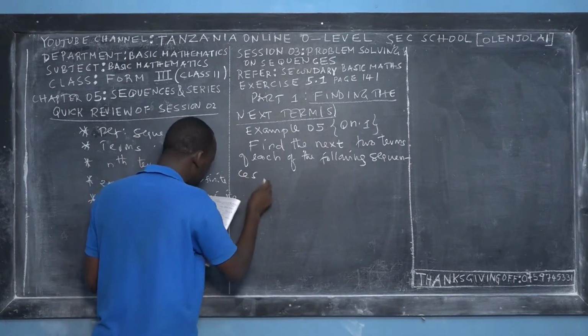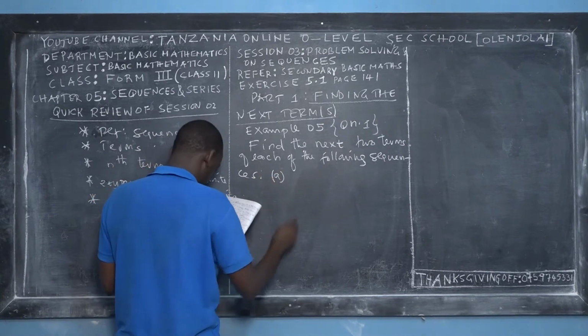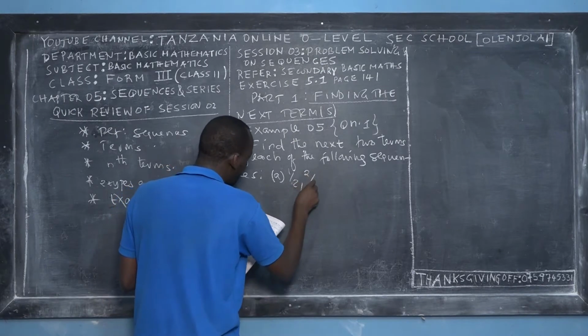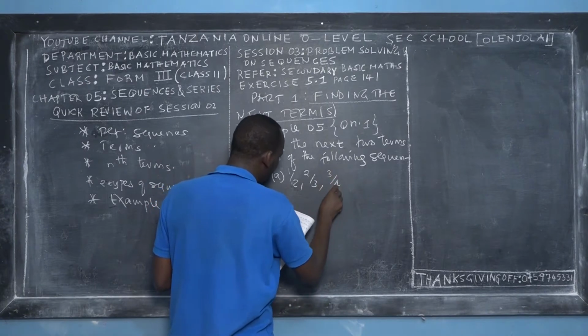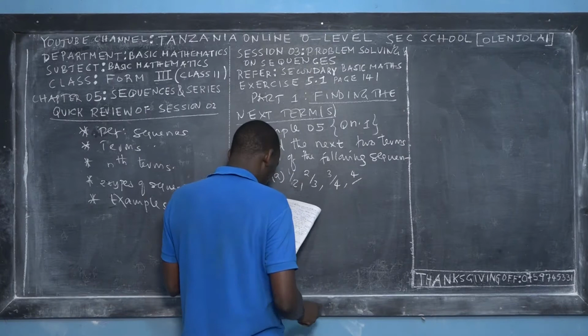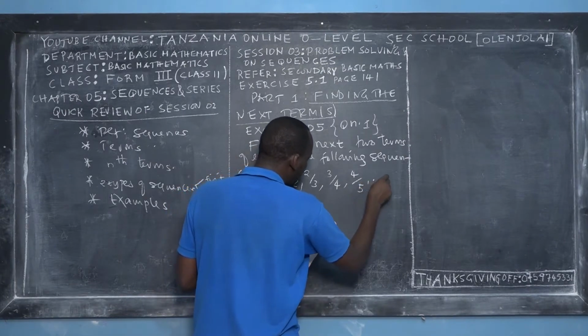Okay, sequences. Part A, you are given 1/2. Remember that sequences are separated by commas. Series, when I teach you the second concept, you will see that series are separated by the basic operations, whether addition, multiplication, subtraction, or division.